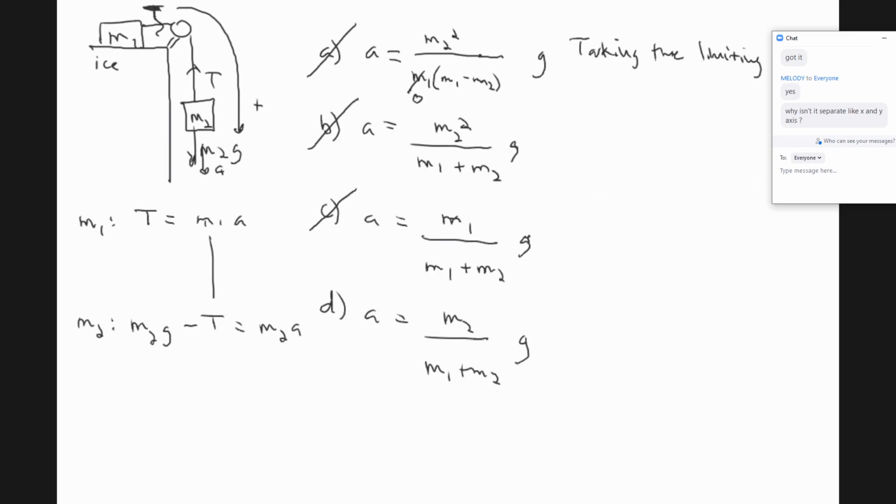So then I just substitute that in here. We get M2G minus M1A is equal to M2A. Bring this to the other side. M2G is equal to M1A plus M2A. Factor out the A and divide, and that gets us to our answer. Good grief, I accidentally deleted it, but it's fine.